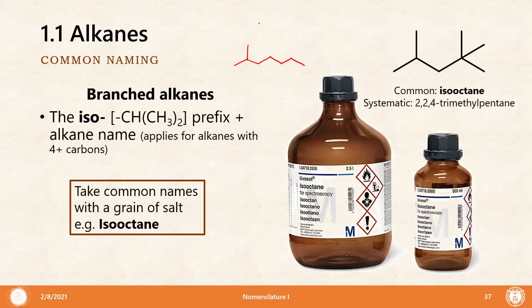It may look like that, but actually, what's being sold in reagents looks more like this. It has an iso group and a neo group, and that is what is conventionally termed isooctane. So it really doesn't follow a discrete pattern.